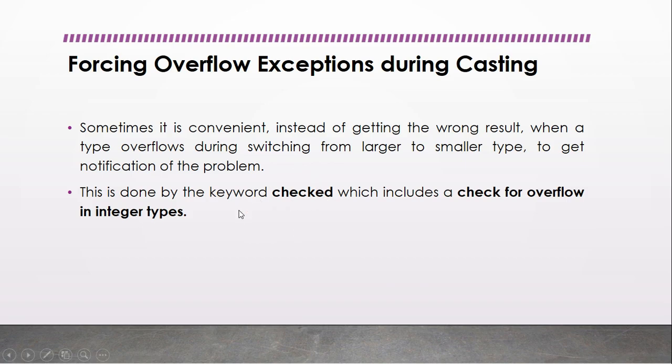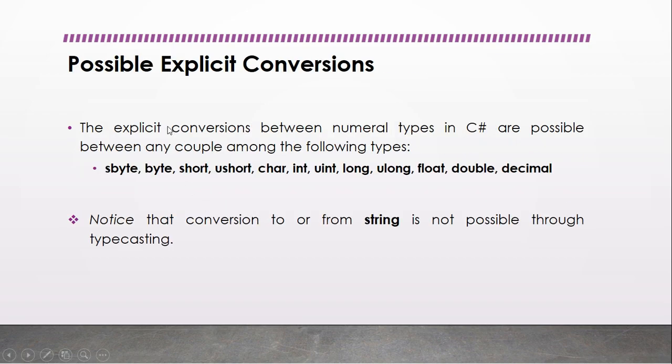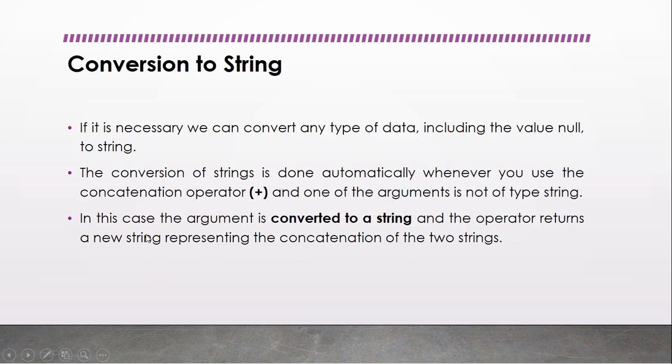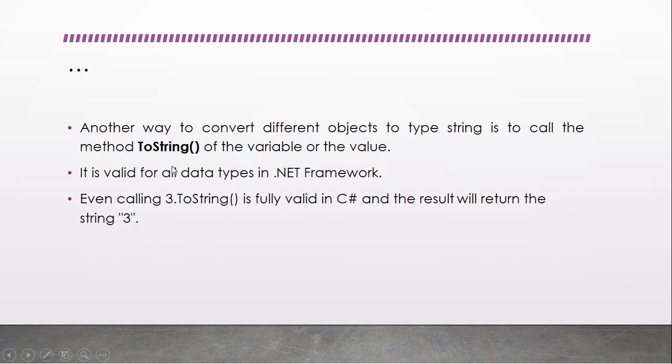This helps you to display the error message showing what's happening. There are possible explicit conversions among these data types, but conversion to or from string is not possible through typecasting. But there are two ways to convert to string: by using the concatenation operator or the ToString method.